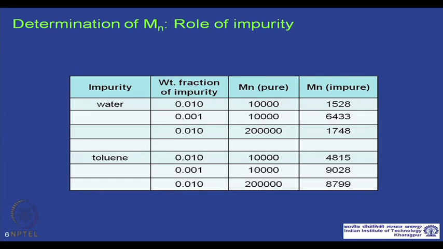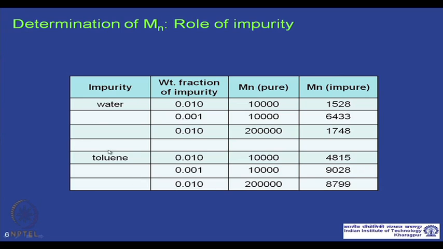Okay, before we move on to other methods of determining polymer molecular weight, namely weight average molecular weight, just to emphasize one point: we know that Mn is very much sensitive to the presence of low molecular weight species, such as impurities in the polymer sample.